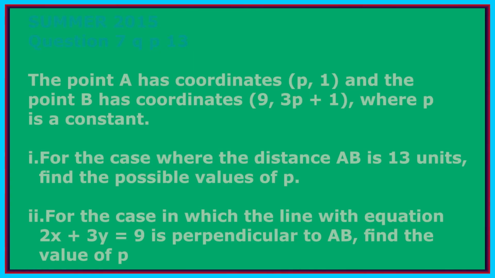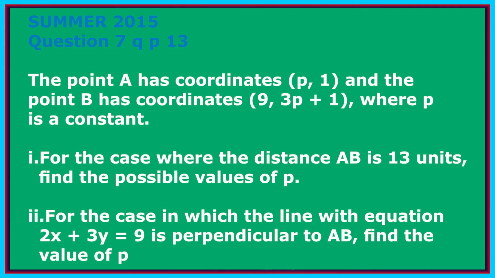Now this is the third variant question. Question paper 1-3. Now question 7 has this to say. The point A has coordinates p, 1, and the point B has coordinates 9, 3p plus 1, where p is a constant. I, for the case where the distance AB is 13 units, find the possible values of p.